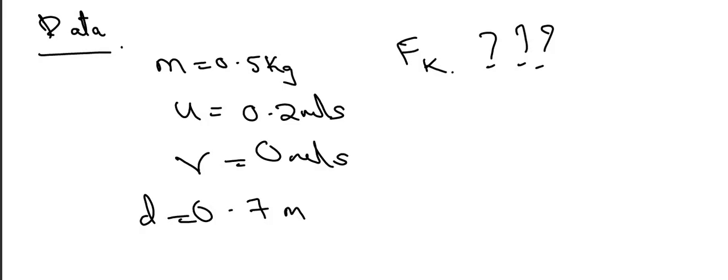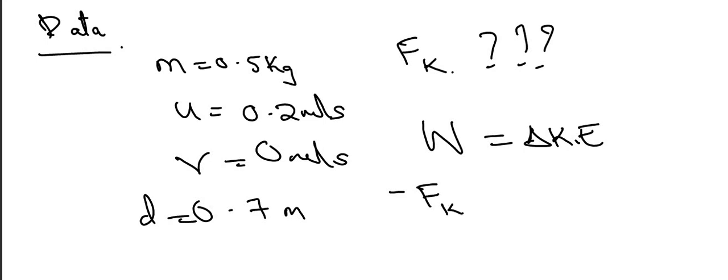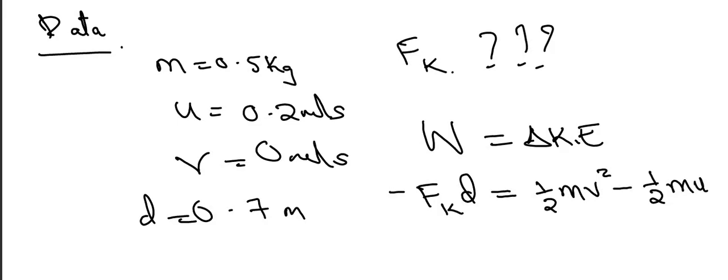And the work-energy theorem is going to be redefined now. This work that we're interested in is simply done by friction, and it's supposed to be negative, right? Times the distance. Then the change in kinetic energy is the final kinetic energy minus the initial kinetic energy.